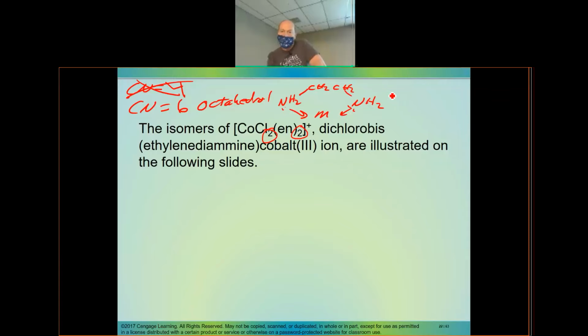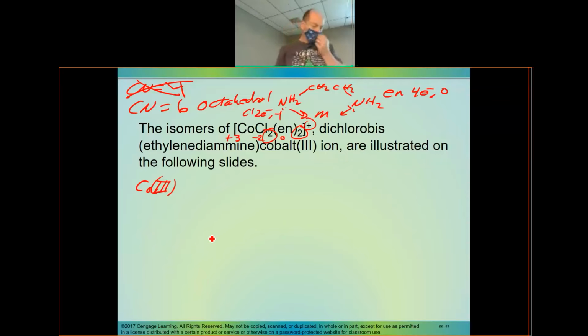So each En is 4 electrons and neutral. And then each Cl is 2 electron and -1. All right, and so this is -2, this is 0, this has to be a +3. So your cobalt has to be a cobalt 3 in order for that to give an overall charge of +1.